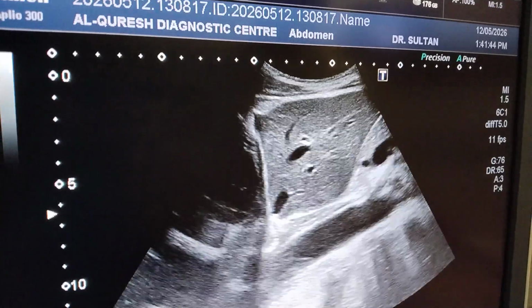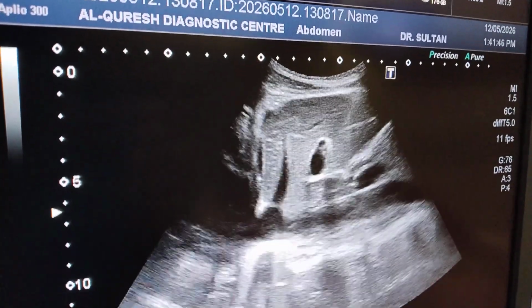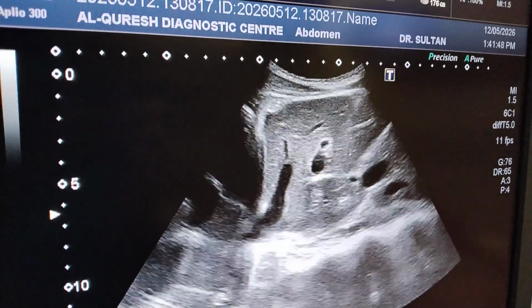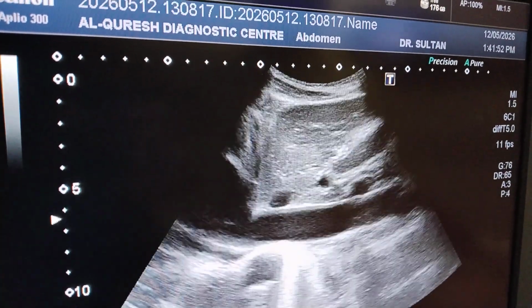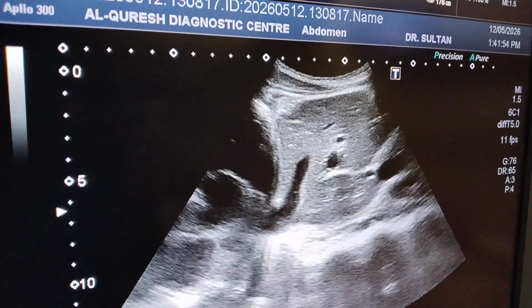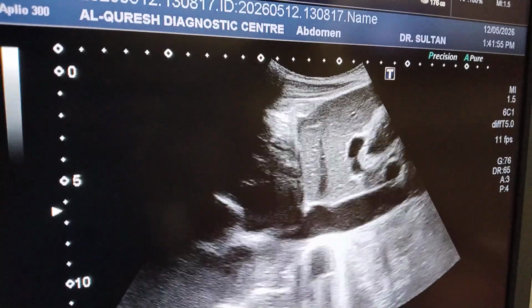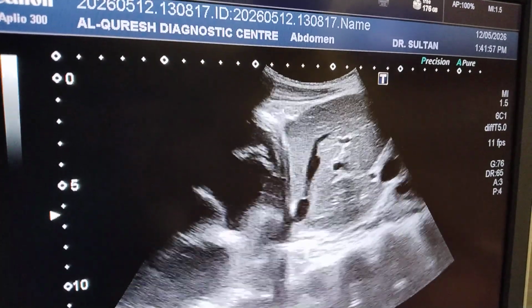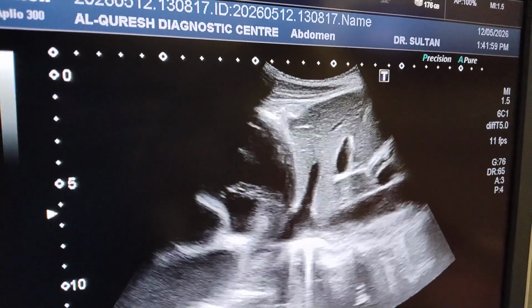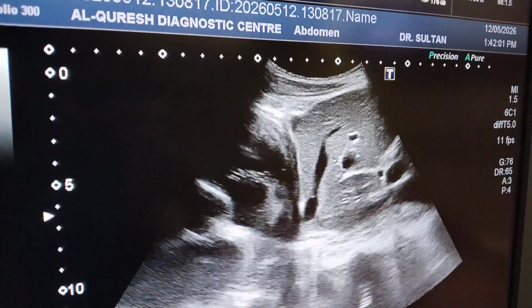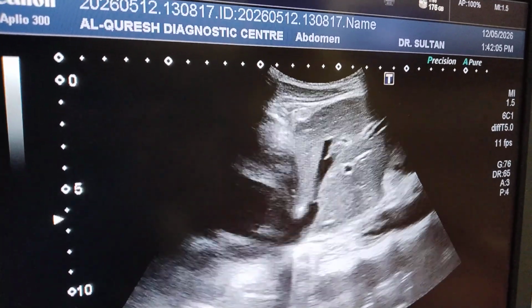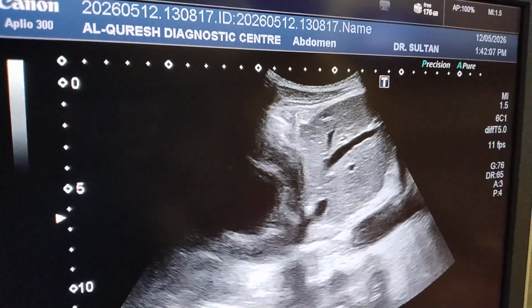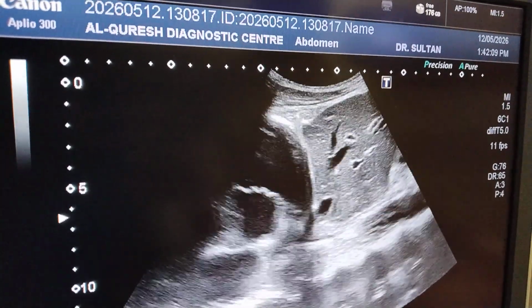Something is wrong in the heart chambers, and then we should also focus about the right heart chamber. When we are going to examine the right heart chamber, we should also have a look on the left heart chamber.